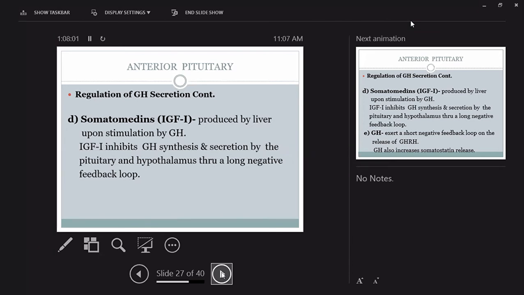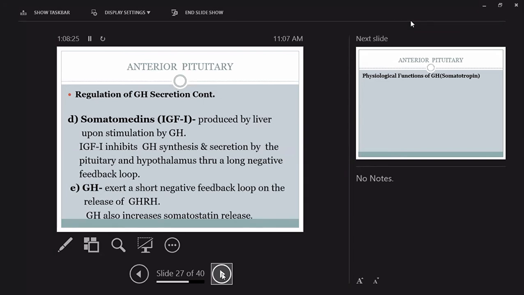So this is one way, through a long negative feedback loop towards the pituitary and the hypothalamus. Growth hormone exerts a short negative feedback loop on the release of your growth hormone releasing hormone from the hypothalamus.